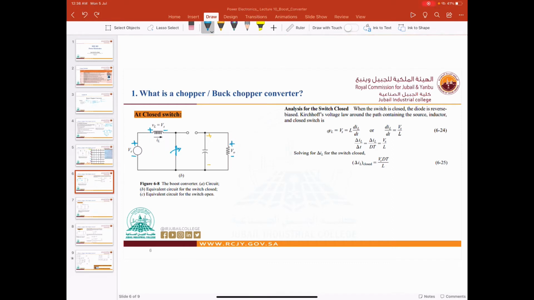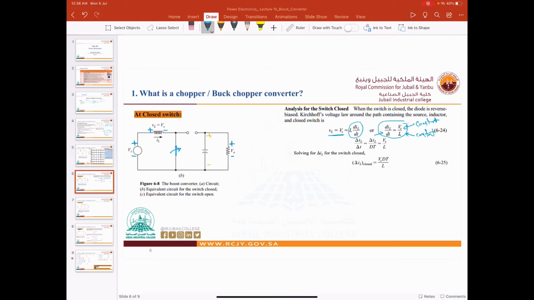That's why VL is equal to VS, and we know VL is L dIL by dt. So our di by dt is Vs over L. It's not negative. They have the same, so it is positive, okay? Now, for solving for delta I, we know that this Vs is a constant value, and L is constant.